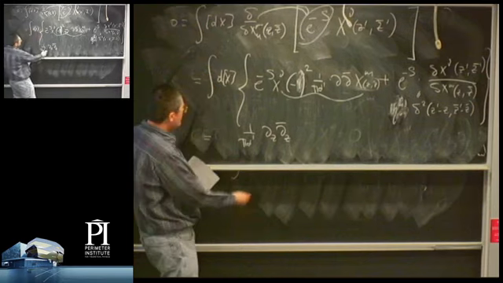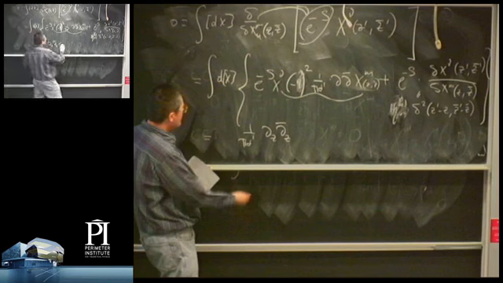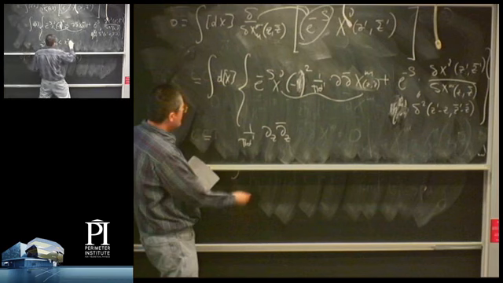Okay? So the first one, these guys act on z, and this guy depends on z prime. So I have del z, del bar z. And then here I have an expectation value of x nu of z bar, x nu of z prime, z bar prime. Okay?